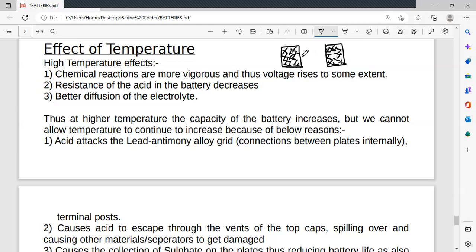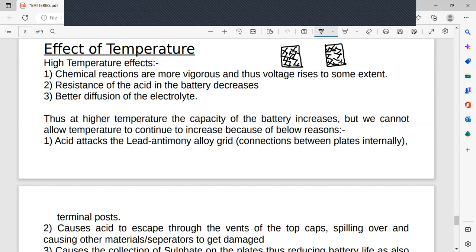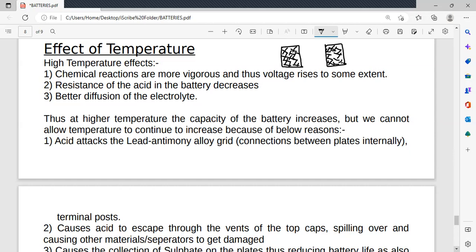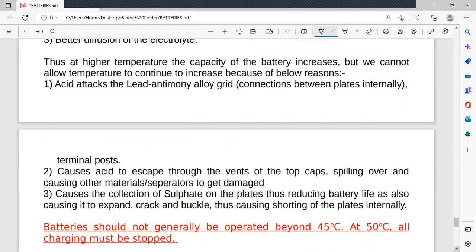And if they bend, due to the damage of this lead antimony grid, they can start shorting internally. If it shorts internally, there is going to be a high current flow that increases the current and the heat even further, and that is very, very bad for the battery. The battery starts to expand and bulge, and when it starts bulging, it can obviously burst.